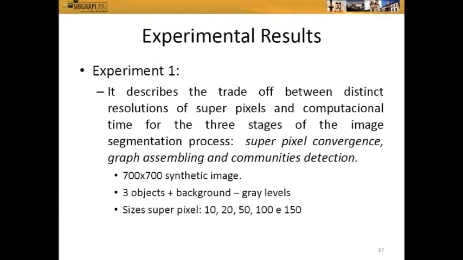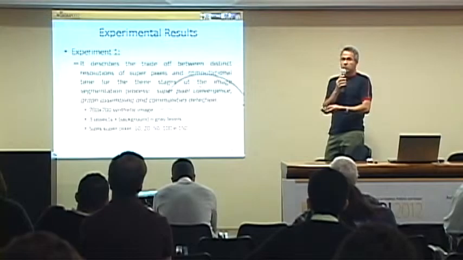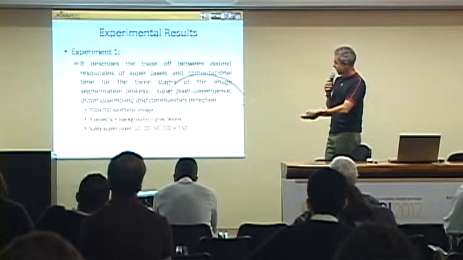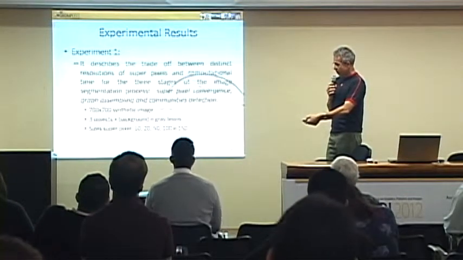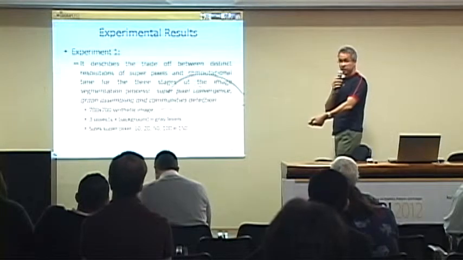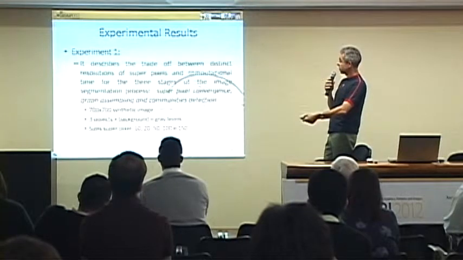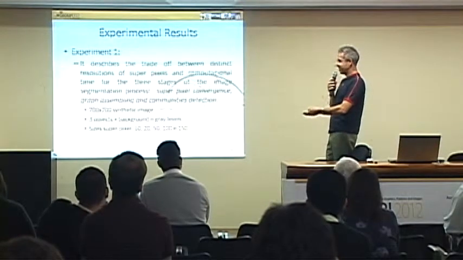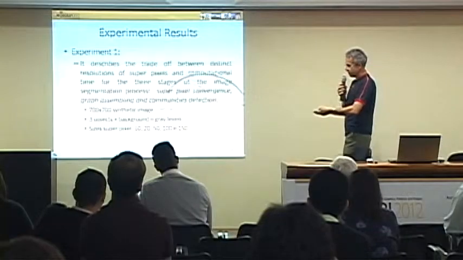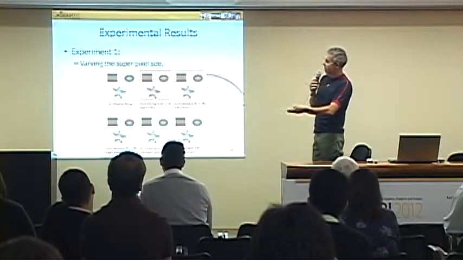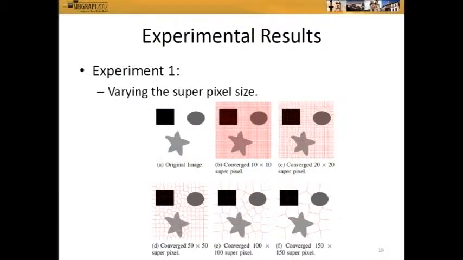Experiment 1. When we started dealing with these things, we said, well, what if we start with a superpixel size of 10? What is the influence over the computation time if we vary the superpixel size? This first experiment is in fact not to say if the segmentation is good or not, because the image is very simple, and this is not the main goal here. So obviously it should perform with 100% accuracy, as it did.